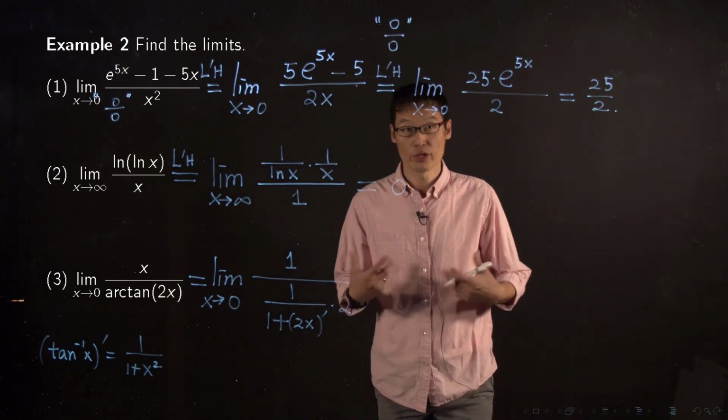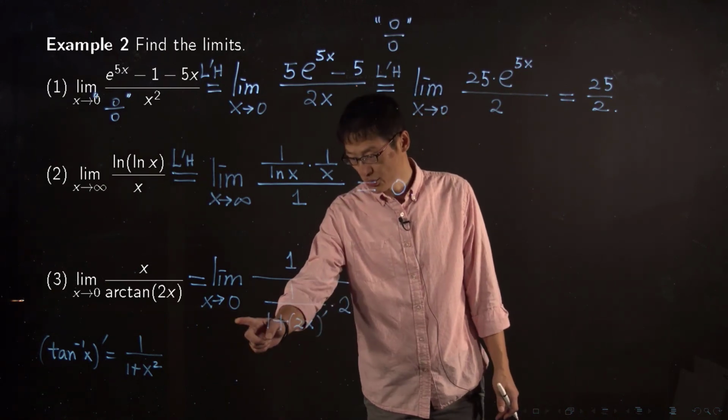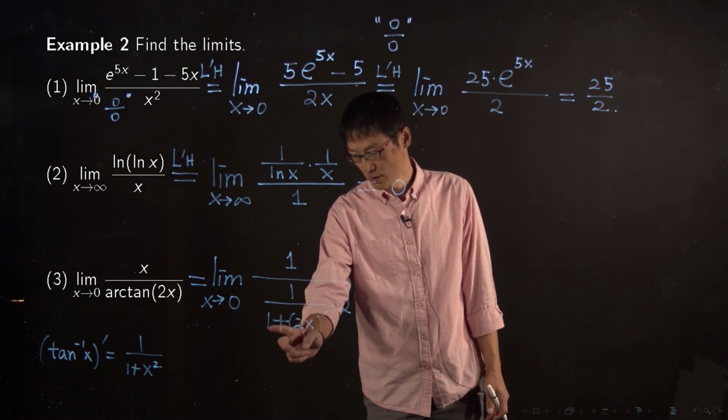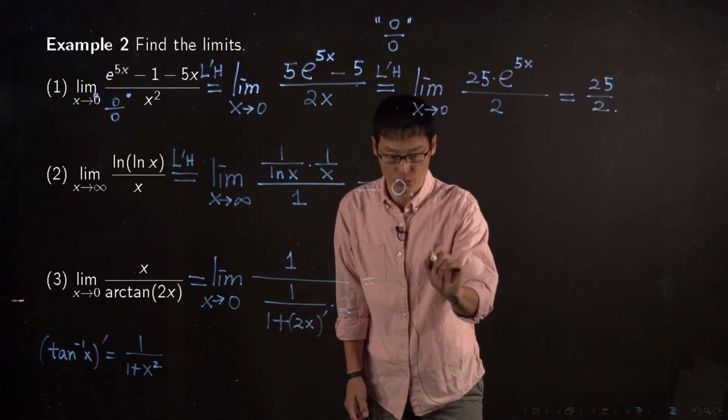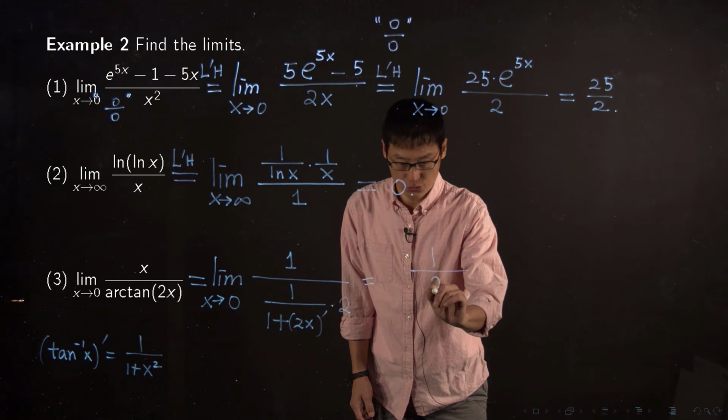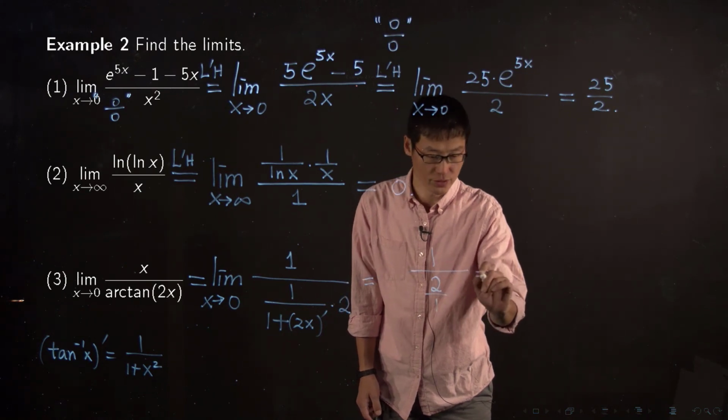Okay, and we are ready to plug in. x equals 0 will give you 1 over 1 plus 0 times 2. So this is 1 over 2 over 1, which is 1/2.